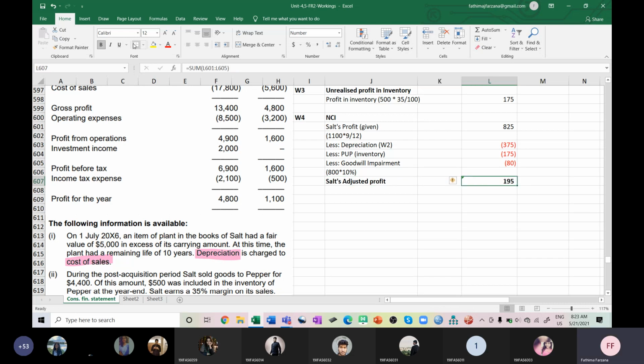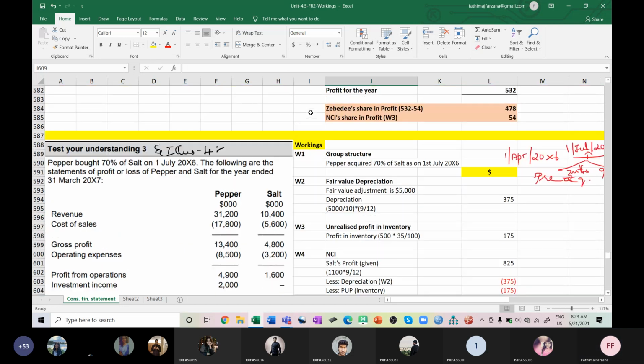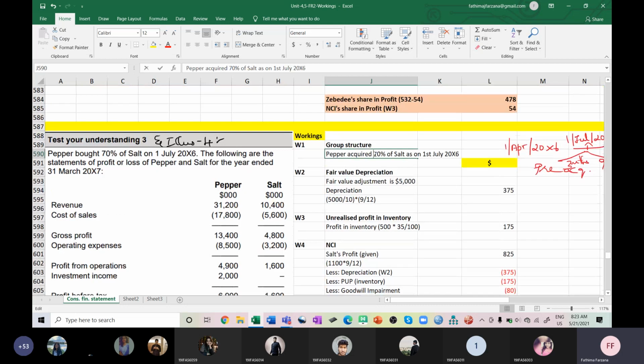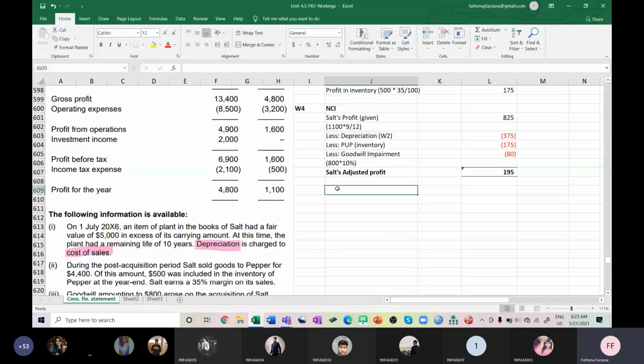Higher one belongs to NCI. So we have to find out the NCI share. How much is owned by Pepper? Ma'am, 30%. Pepper owns 70%, which means 30% is NCI's share.